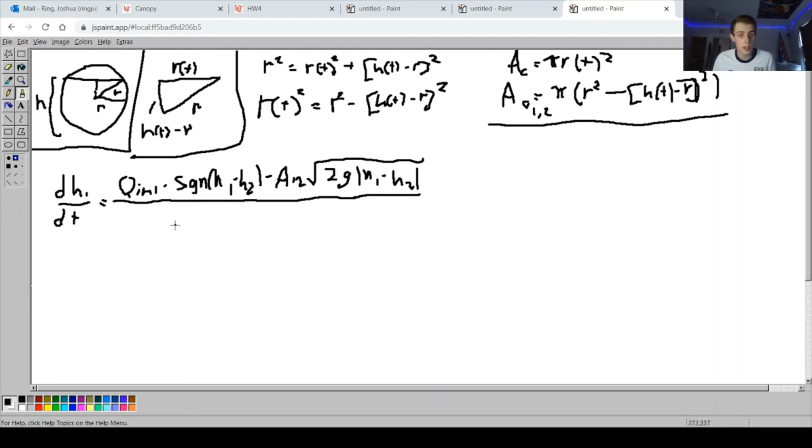For this case, it's going to be pi, beautiful little character there, multiplied by, since this is for the first tank, R1 squared, subtracted by our h1 minus R1, which still stays squared thanks to the Pythagorean theorem. So there's our first one, and now we move on to the second tank.